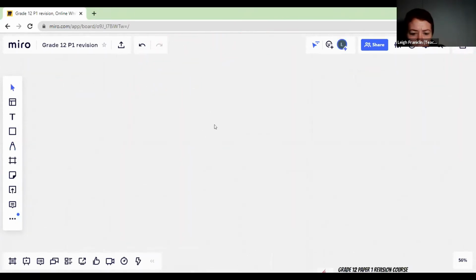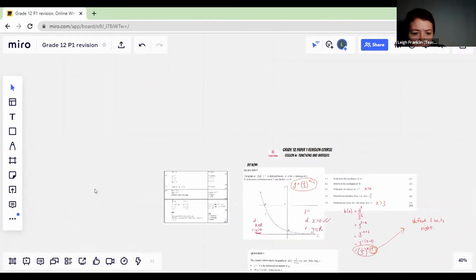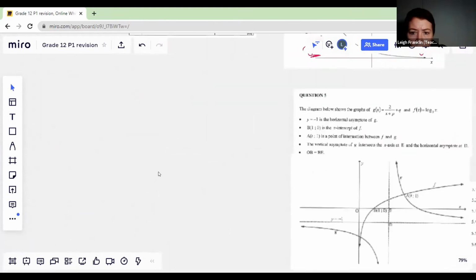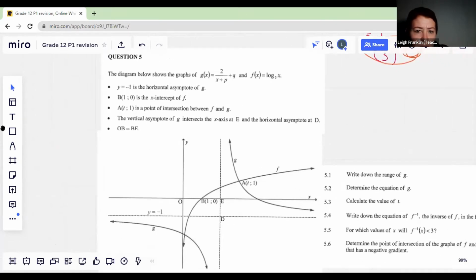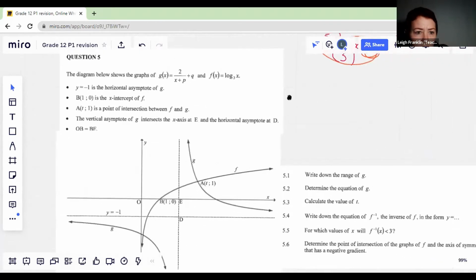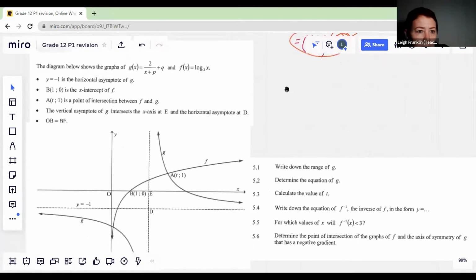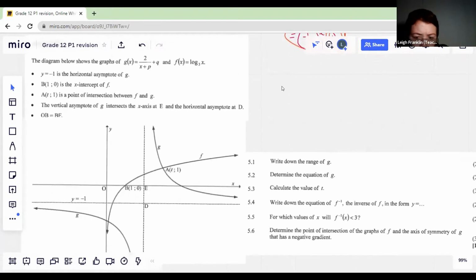All right, so let's go back to our lesson today and look at the next thing. So this was the next graph I wanted us to look at. If we look here, we have a graph g of x, 2 over x plus p plus q, and then we've got f of x equals log base 3x, and a whole bunch of information.